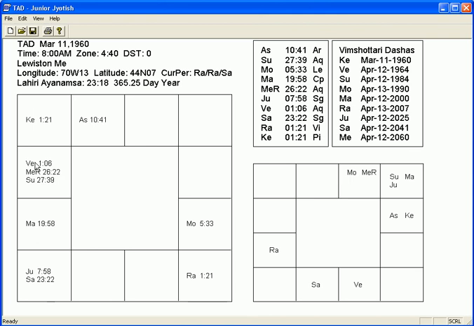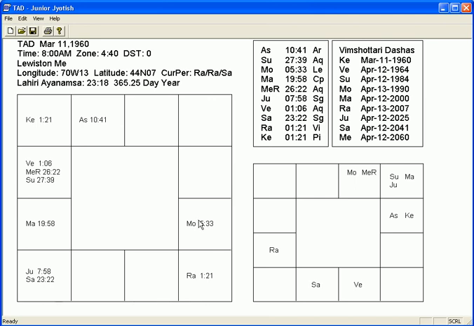Venus is nicely placed, and of course these would indicate art. And Mars is exalted in her chart in Capricorn, so it is going to be very important for her, and it is in her 10th house, which would indicate that she would have a lot of management skills. And of course, Moon in Leo, again, management skills that she will have.